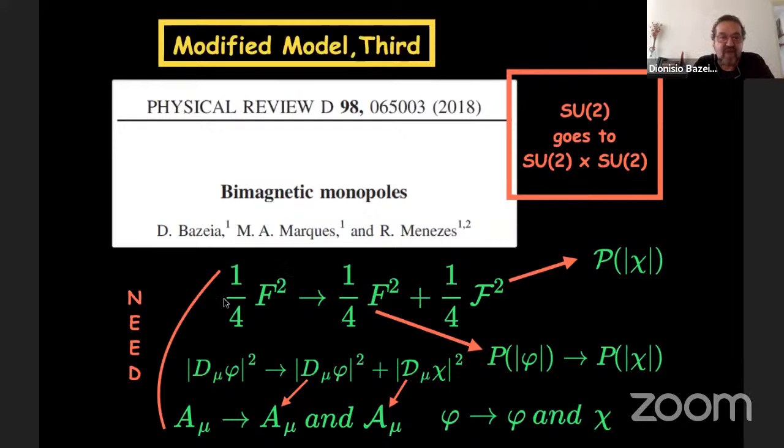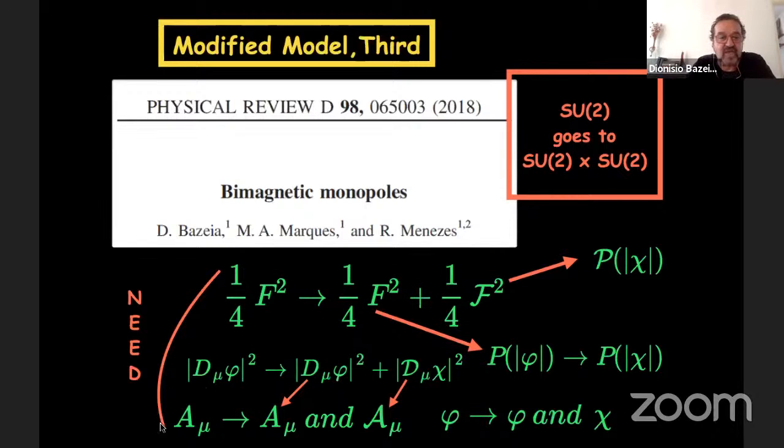Instead of having an F squared contribution, we added two F squared contributions. The new contribution, I'm using calligraphic letters to represent the new degrees of freedom.